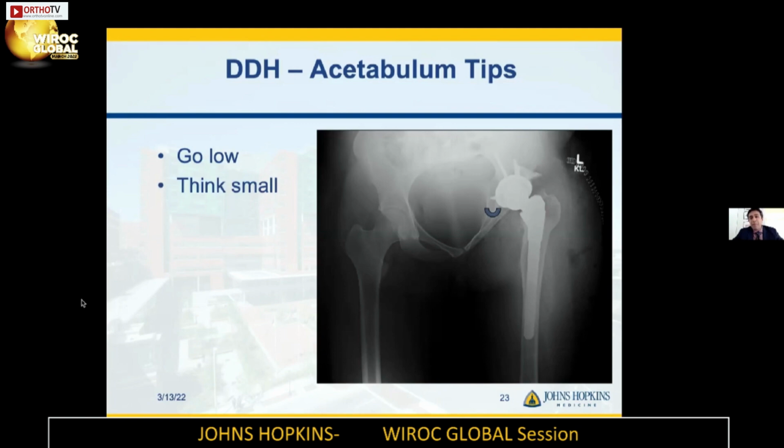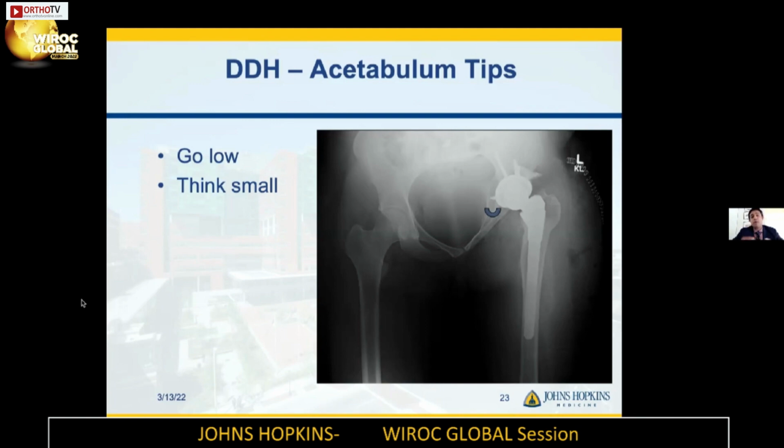Now, to achieve big results in these patients, you really have to think small. The dysplastic hip is a very wide hip, and the acetabulum can be very wide, and you may be tempted to use a very big reamer in that situation to try and engage some kind of rim support to try and get some fixation. But you have to think small.